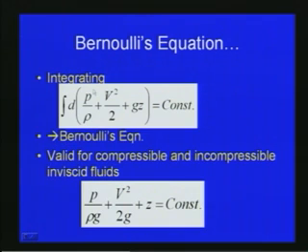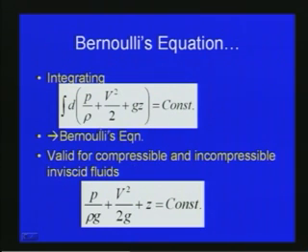Finally this gives the Bernoulli's equation. The Bernoulli's equation has three terms: one with respect to pressure, another with respect to velocity square, and the position head g z with respect to z.